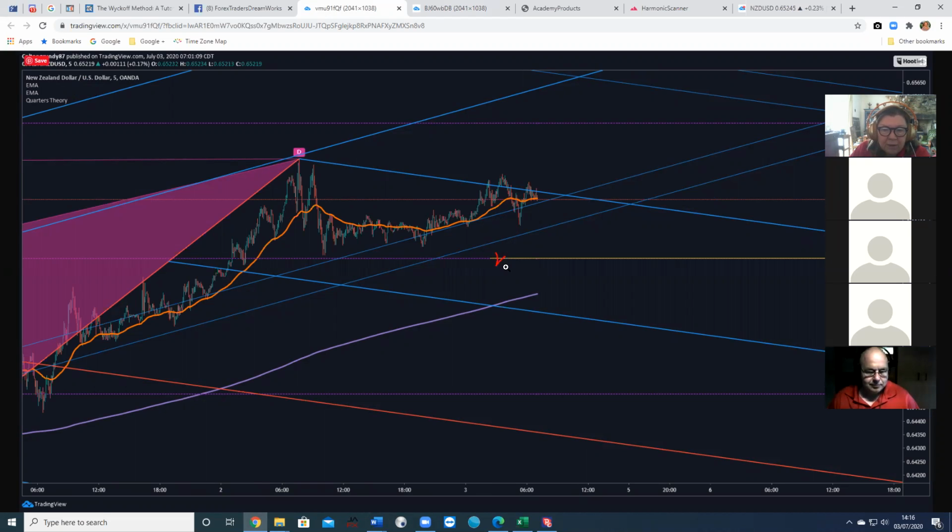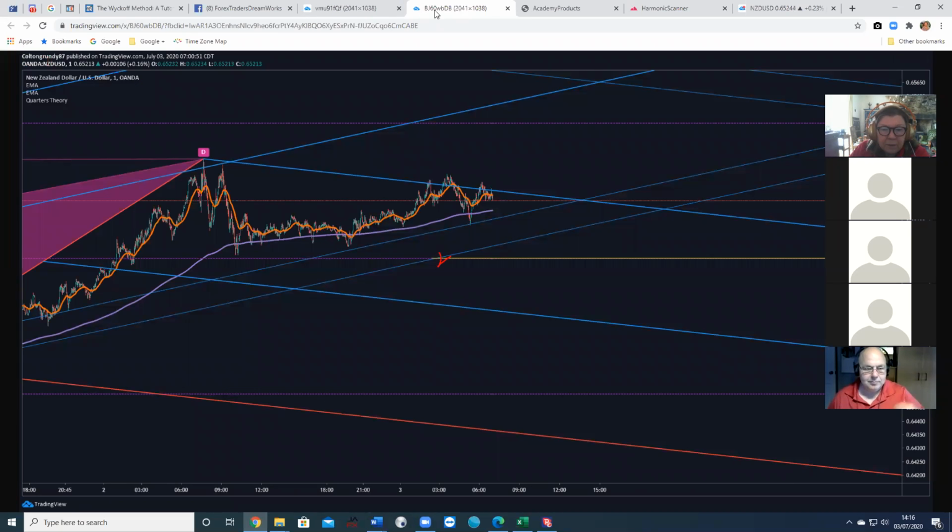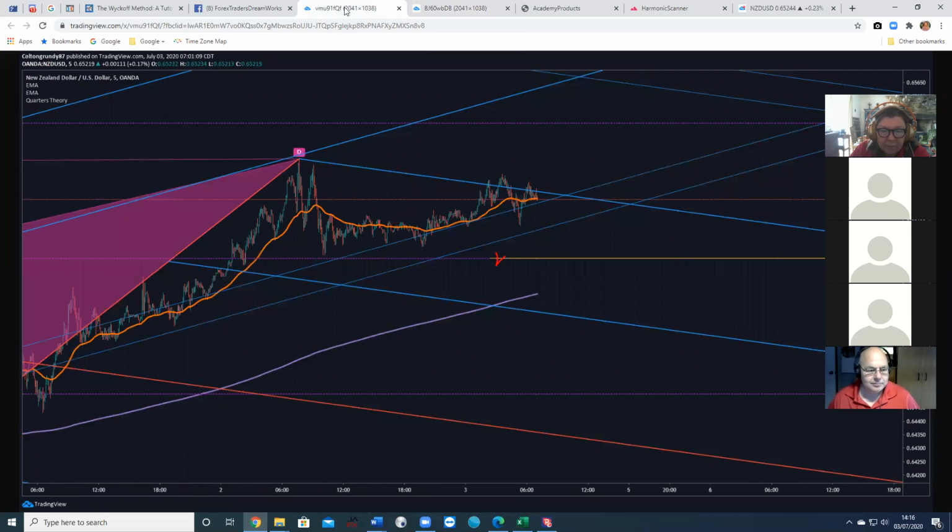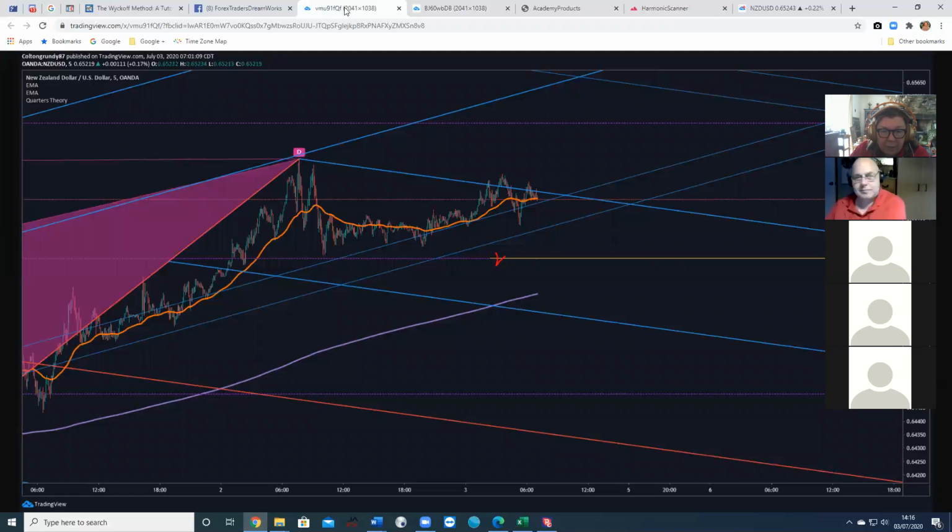So this is a really good illustration of showing you how we use the moving averages, because on the 5 minute chart, we've got this spot marked here, and it moves up. Does it move up? That's our 5 minute.